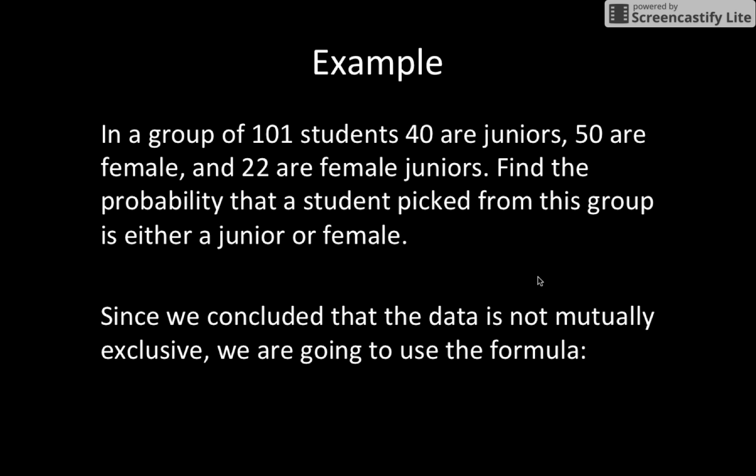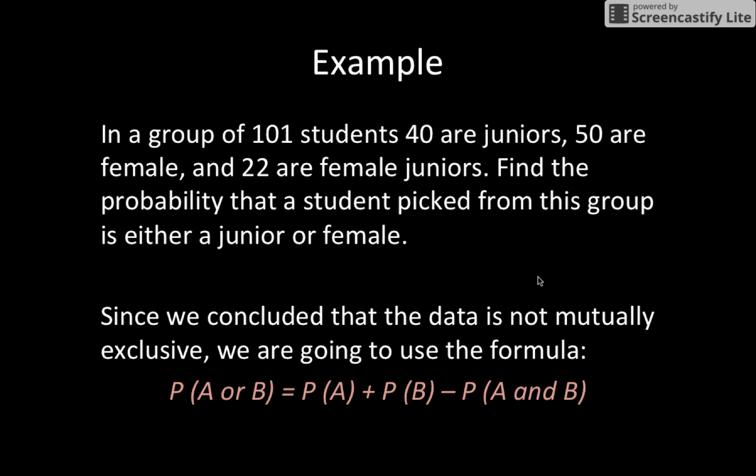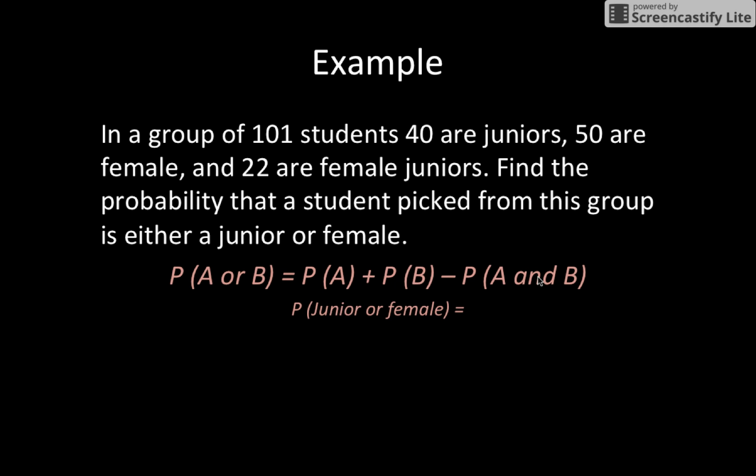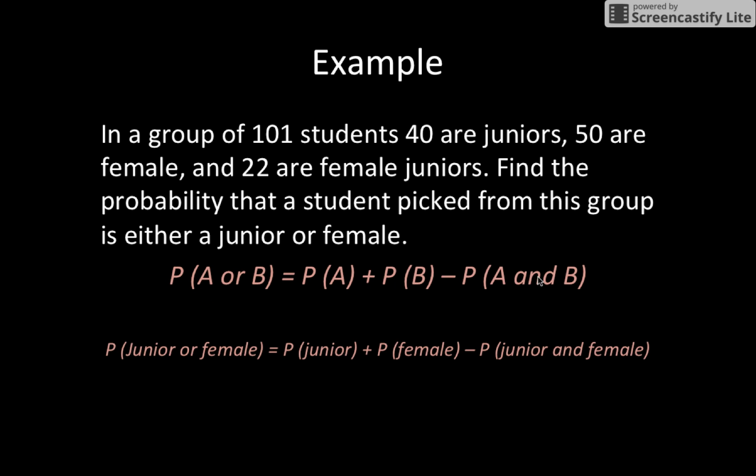So since the data is not mutually exclusive, we're going to use the formula, the probability of A or B equals the probability of A plus the probability of B minus the probability of A and B. So to break down our formula, we are going to say that the probability of juniors or females equals the probability of junior, which is your A, plus the probability of your female, which is B, minus the probability of your juniors and females.